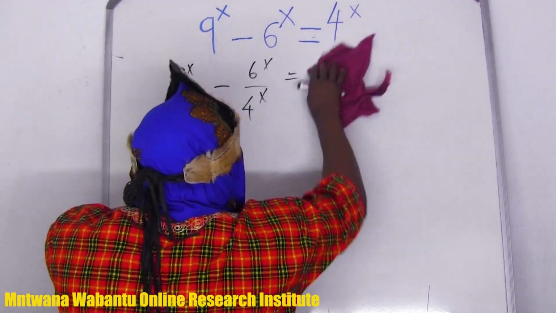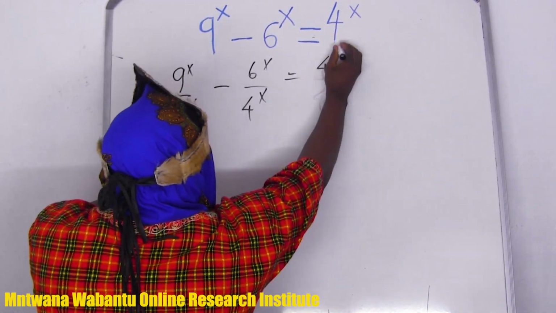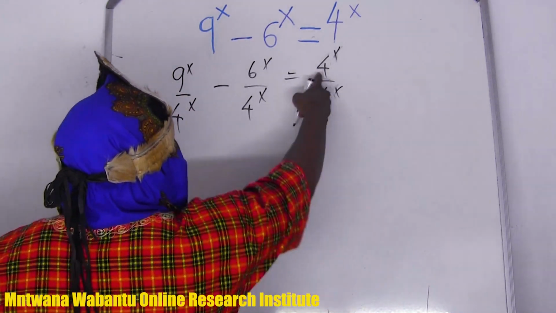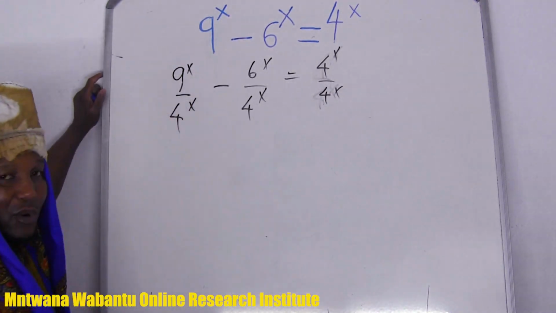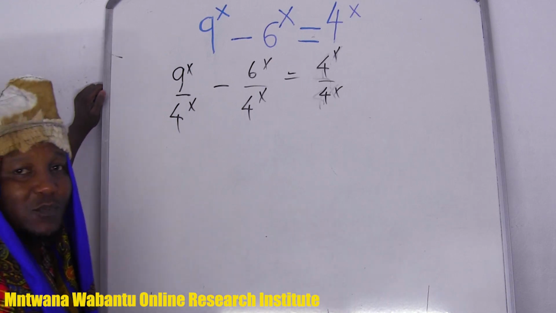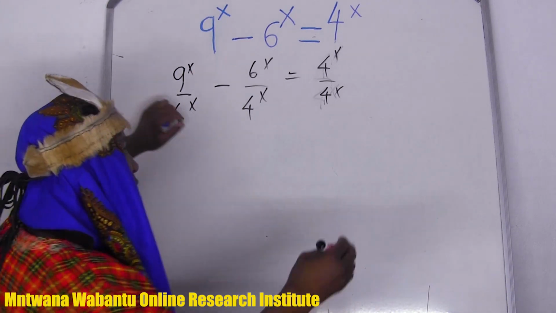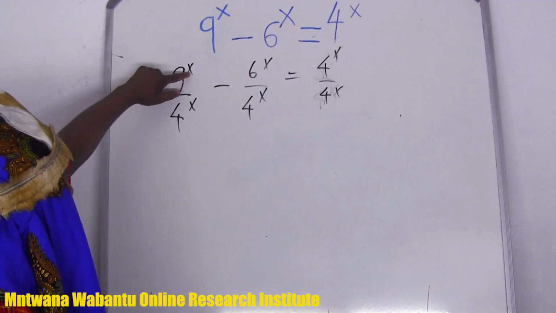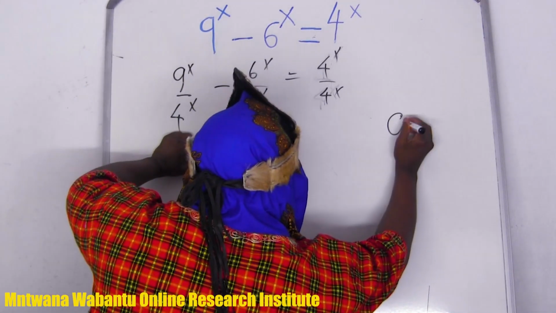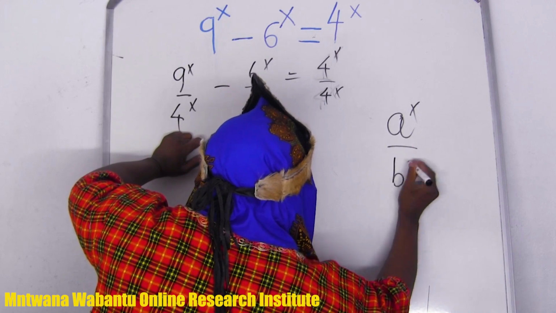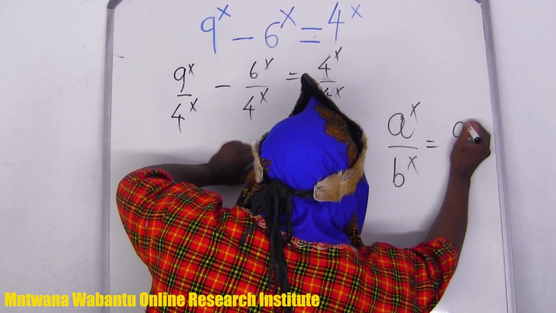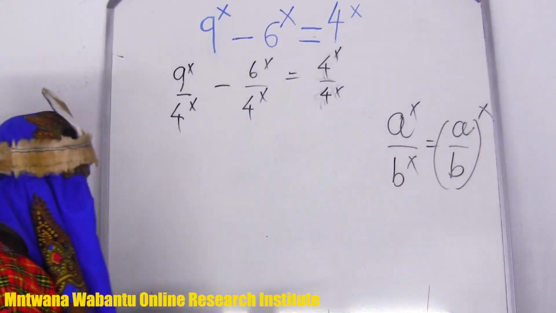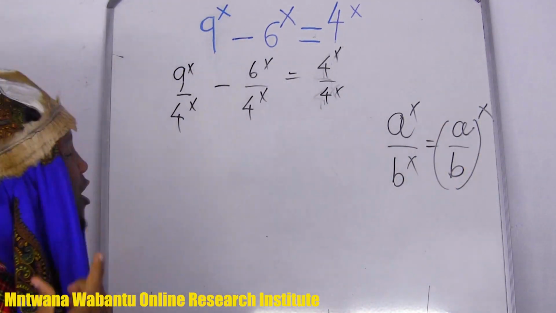So I can simply say this is going to give me 1. If you want to show your working, you have to say it. Now we have a law of exponentials. What is the law of exponentials? If you have terms that are different but have the same power, for example a power x over b power x, the law says a over b, and they write only one common power.